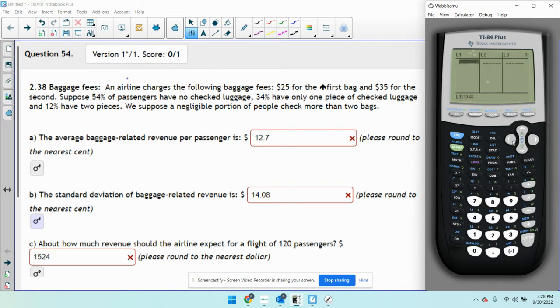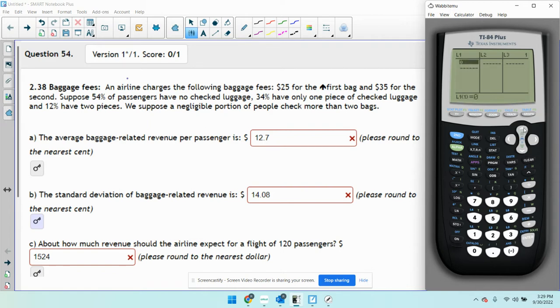And the biggest trick, or the biggest mistake people make, is with these outcomes. We're going to disregard the people who have no checked luggage because they don't pay anything. If you want, you can add the case where they pay zero, but it's not necessary. So we'll just ignore that.